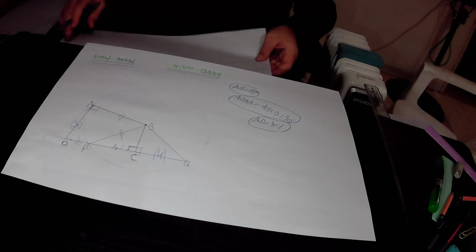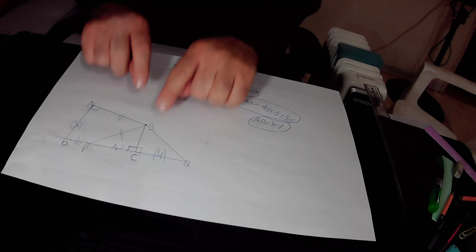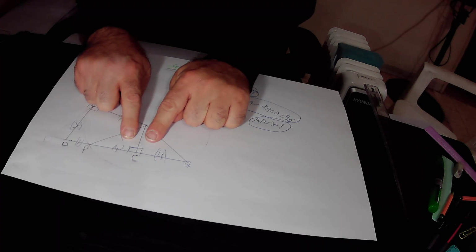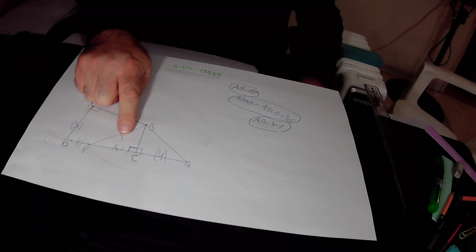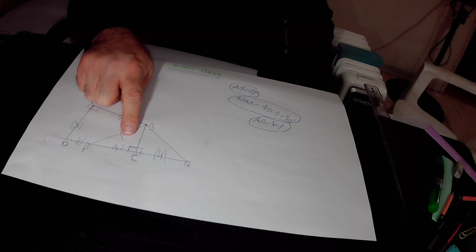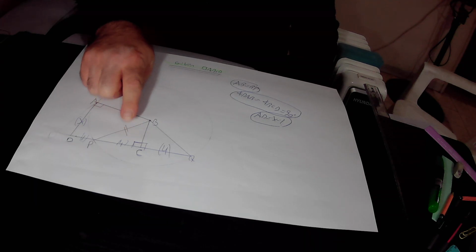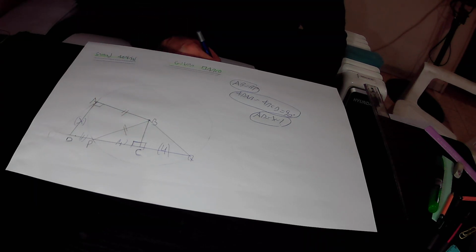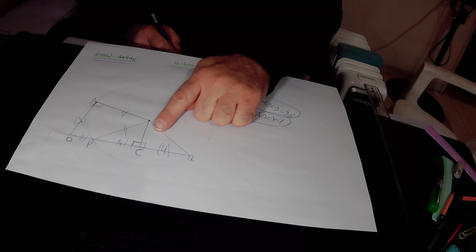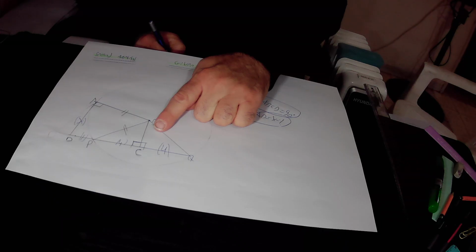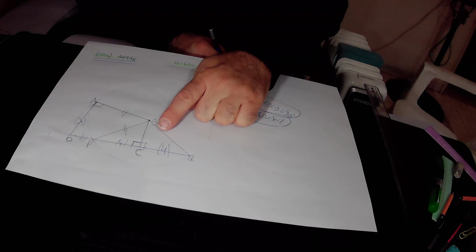In addition, those two angles are both right angles and therefore they are equal to each other. So here, this is angle BCP on triangle BPC, and this equals this angle, angle BCQ on the right triangle BQC.